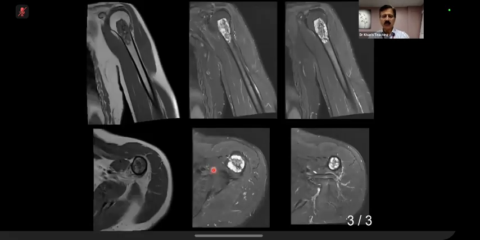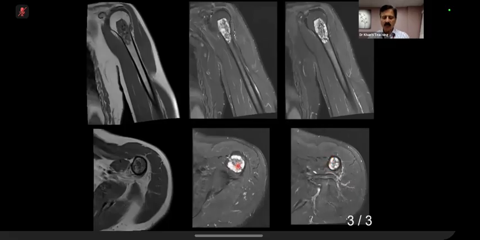The same case, this is a T2 weighted sequence. I'm just showing you this to develop your eyes. On this T2 weighted sequence, be it a PD fat saturated sequence or a STIR sequence, you can see this lobulated chondroid matrix. On an axial slice, you can see this lobulated matrix and the cortex which is thickened.